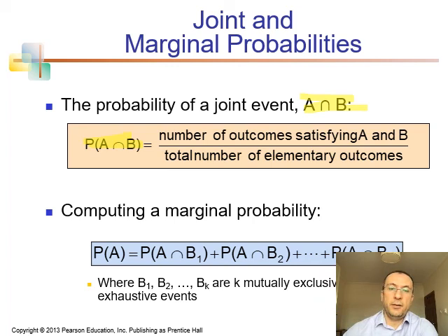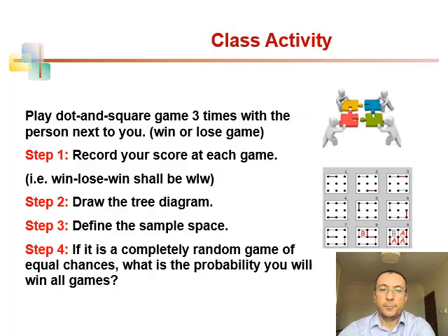So for example, we have A and B. The probability of A will be equal to the sum of probability of A intersect B1, A intersect B2, and so on, over all the events intersecting A, with a total number of K mutually exclusive and collectively exhaustive events. Now this is an interesting activity, but we might do it later on in the class, or I will just let you do it yourself.